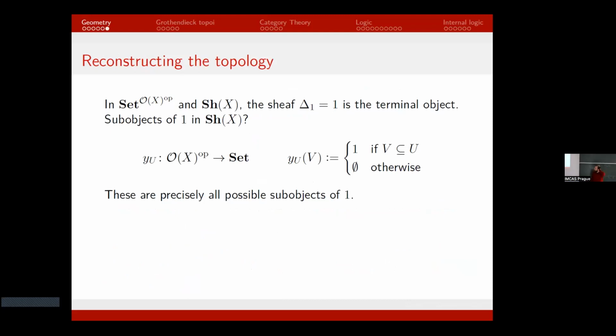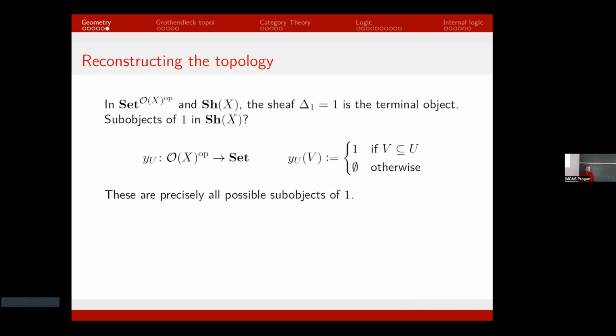Okay, so how do we reconstruct the topology? In both categories, so both in presheaves and sheaves, we have the constant sheaf that I defined before. This object is the terminal set in each component. This is a sheaf, and it's terminal in both categories.